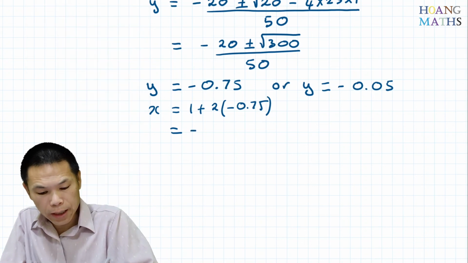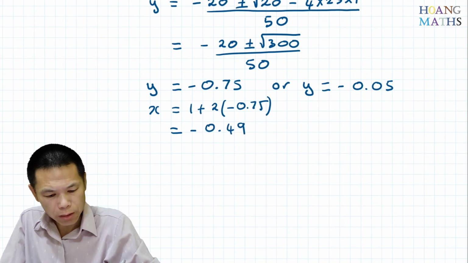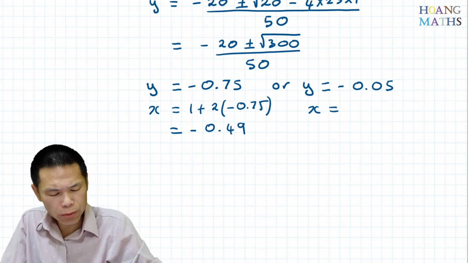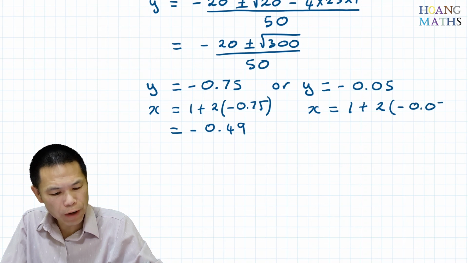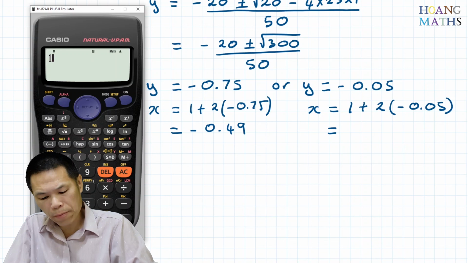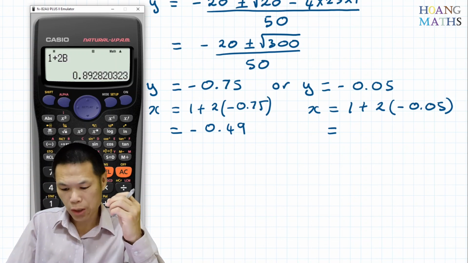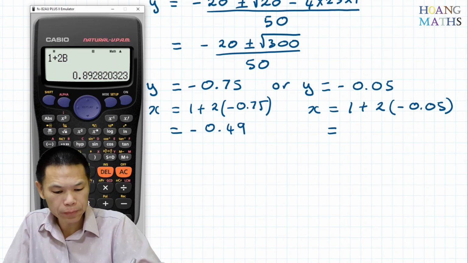Okay, so negative 0.49 for x. So x is equal to 1 plus 2 lots of negative 0.05. So that is equal to, so just go 1 plus 2 lots of b. So there you go, 0.89.